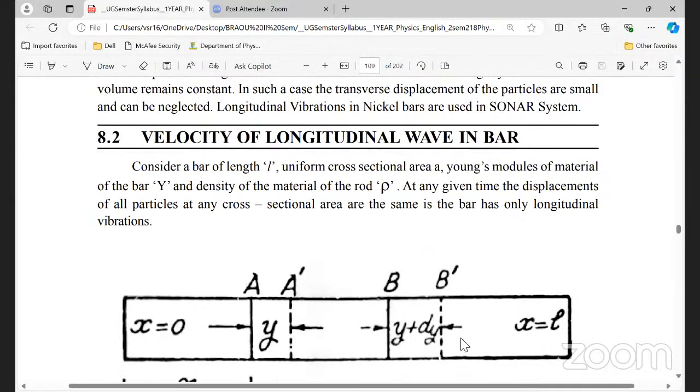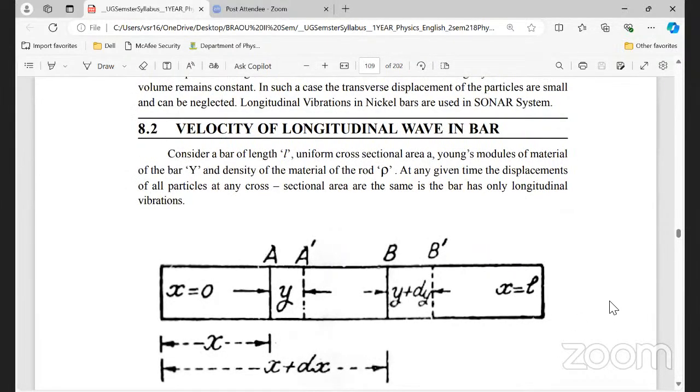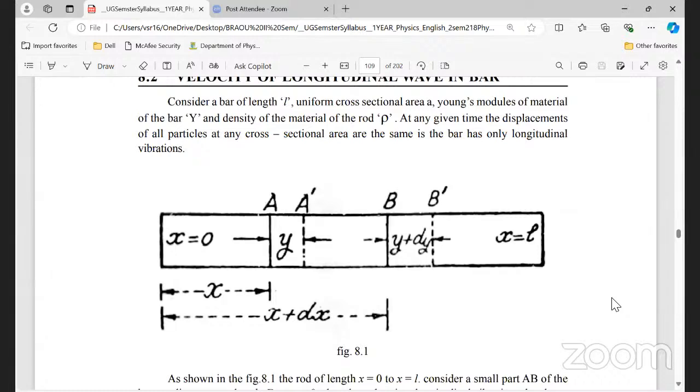Velocity of longitudinal wave. Let us consider a bar of length small l and uniform cross-sectional area small a, where the Young's modulus of the material is capital Y and the density of the rod is rho.